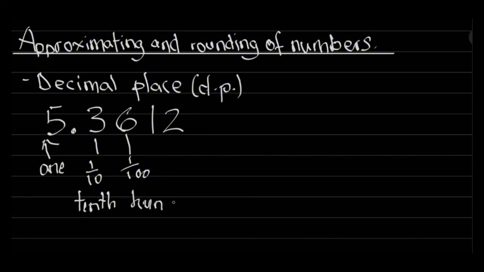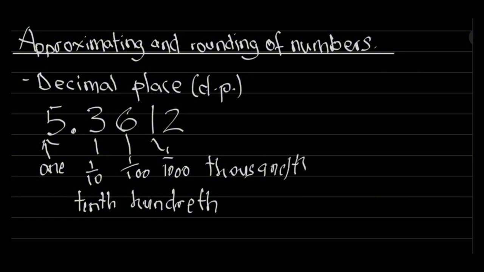So they are usually in cardinals. 100th. What we have here is 1,000. Also can be written in ordinals. And then what we have here is 10,000.